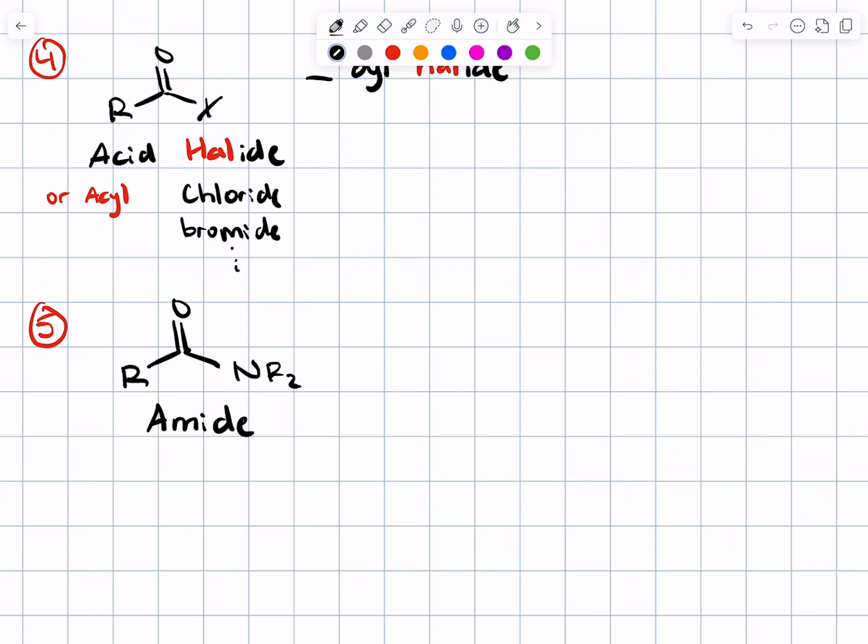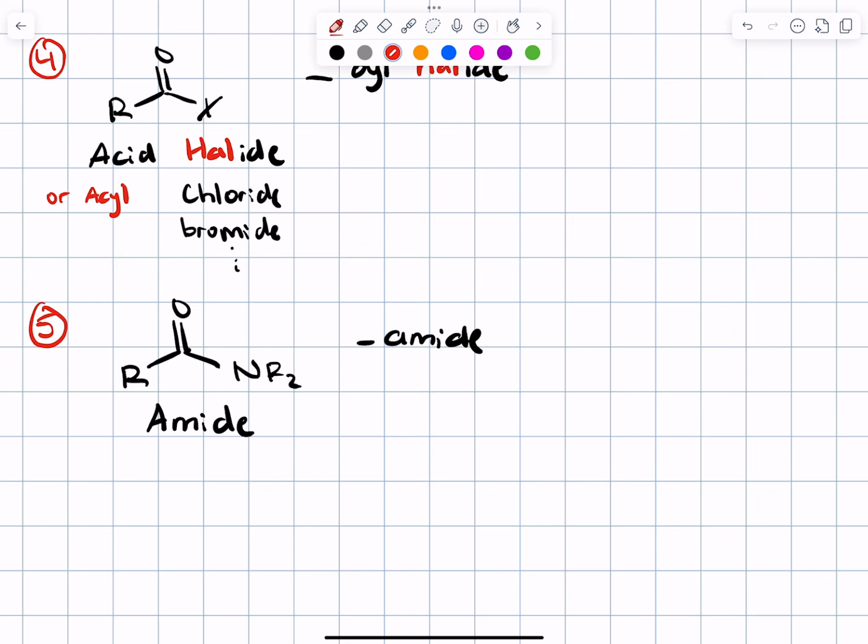I've heard professors here pronounce it both ways. Depends on, I guess, how you're feeling on either day. It's kind of like ligand and ligand. I don't know what the right way is, but they both work. So amide, amide, those are both common ways to say this. And the suffix that this gets is amide or amide.